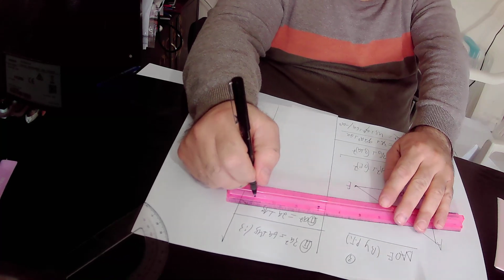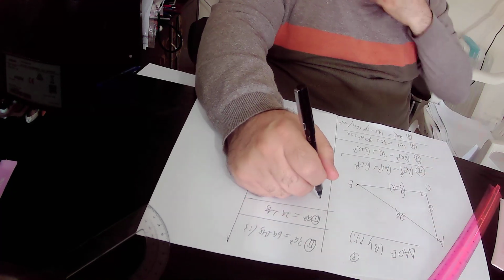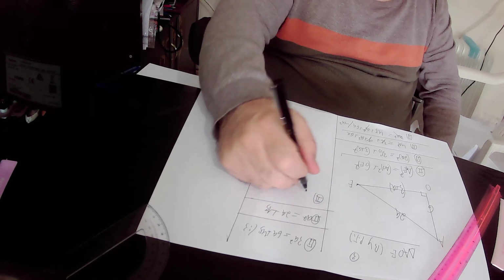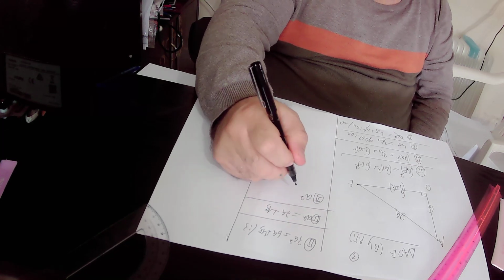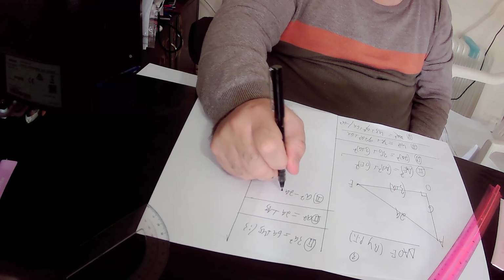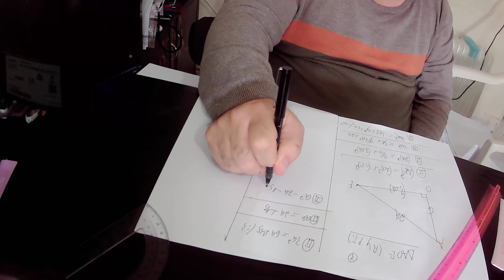We subtract 2a and 15 from equation number 2, and we get that a squared minus 2a minus 15 equals 0.